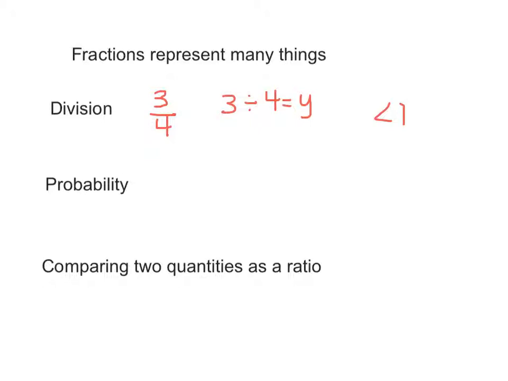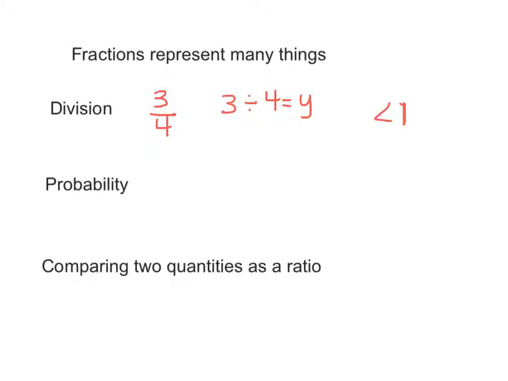So it's going to be in the decimal place. And you can think of it like money. If it were $3 divided by 4 people, then wouldn't it be true that each one of them would need to cough up 75 cents each?